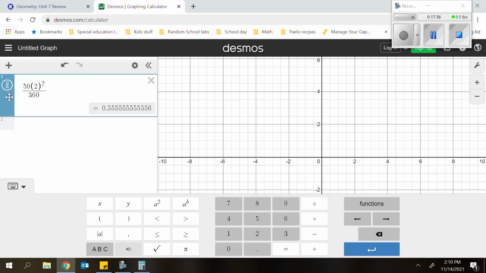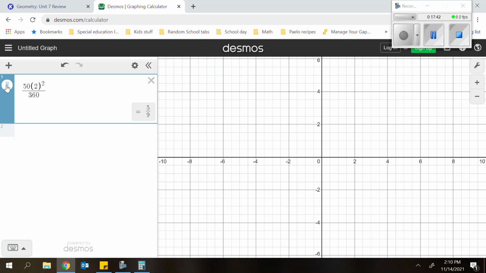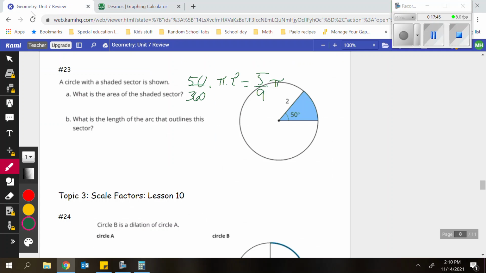I have to use the Desmos calculator. Sorry, guys. Technology at its best. You'll get a decimal. If you're using the Desmos calculator and hit this button right here by the number 1, it'll change it to the fraction 5/9. So our answer would be 5/9 pi.